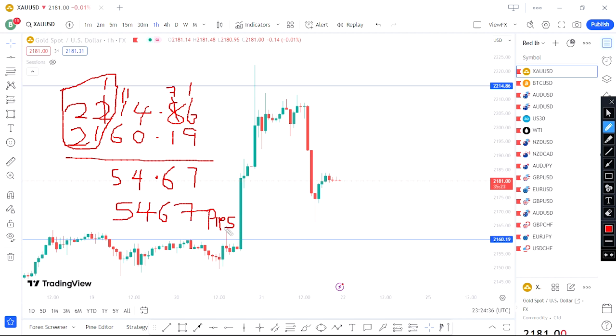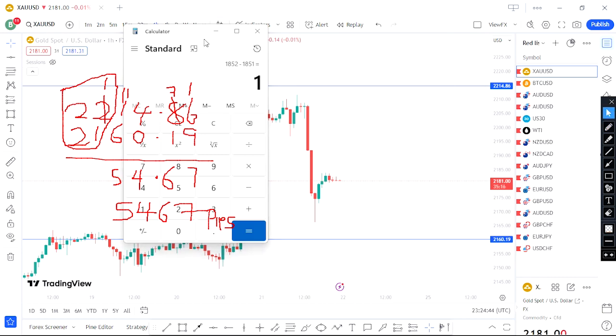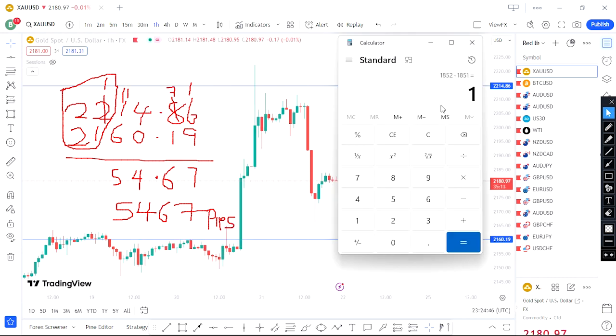So now it's time to do the same thing using our calculator. So I pull up the calculator and I input the same thing, 2214.86, which is the one at the top, then the one below, subtract 2160.19, and you can see I have 54.67 here.